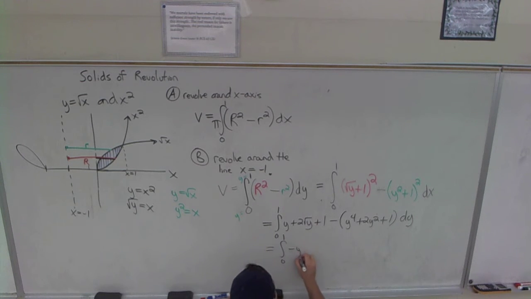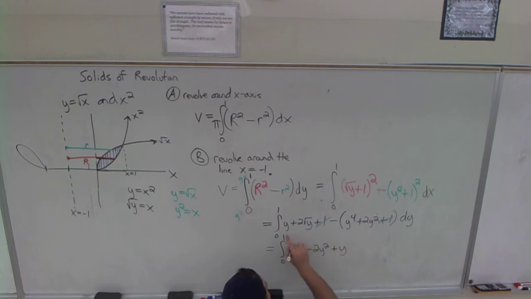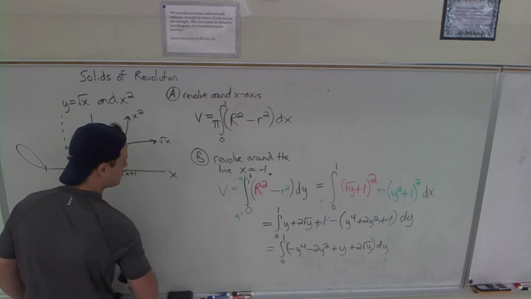I have a negative y to the 4th, check. Let's see, I have a negative 2y squared, making sure to distribute this. 1 minus 1, these go away. Let's see, I also have a plain old y right there. And I also have a 2 root y, dy. Right, I'm going to erase some of this to get some space.